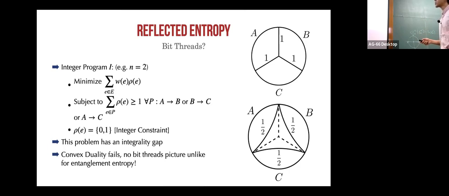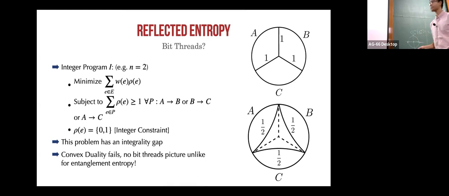So this is an integer constraint, which says that rho of E is either 0 or 1, or it can be higher integers, but the minimum configuration will have just these. And so the minimal energy configuration with this integer constraint will be that it's 0 everywhere except at the locations of these tri-way cuts where it's 1. This ensures that any path from A to C, B to C, or A to B has at least one energy cost.